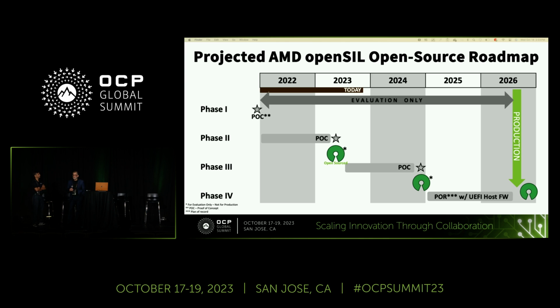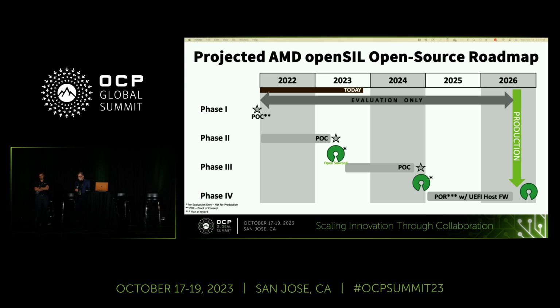But it was still not complete because the host firmwares were not ready yet. I think the host firmwares are ready now, and they can be open sourced as well. We're just waiting for some final formalities for the host firmwares to be released, and Srini is going to talk about that in a bit.